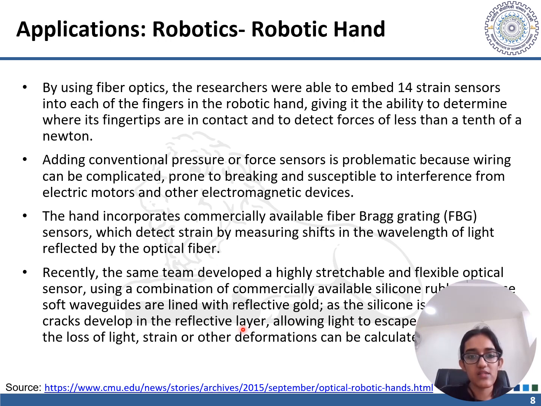These waveguides were lined with reflective gold, and cracks developed in the reflective layer, allowing light to escape. So depending on the amount of light that is lost through those cracks, strain or other deformations can be calculated.